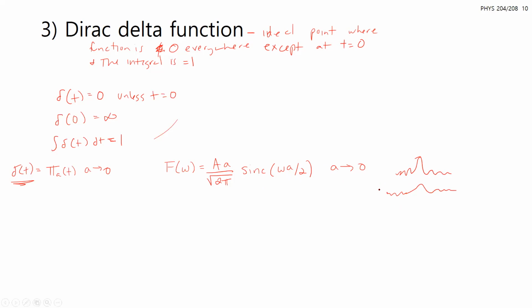If you remember, I said that as things get narrower and narrower in the time domain, they get wider and wider. There's an inverse relationship between the time and the frequency. So as a is getting closer to 0, this will broaden out more and more, and at that limit, you're going to get a straight line here.